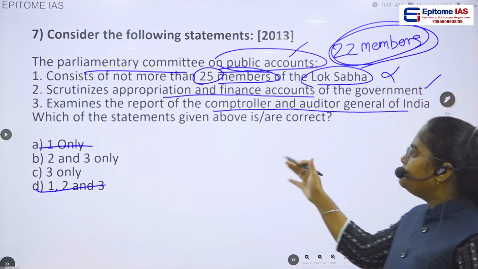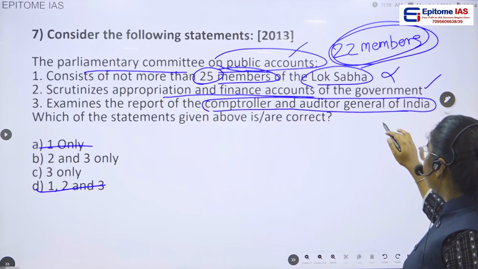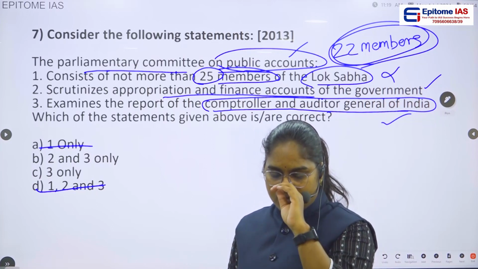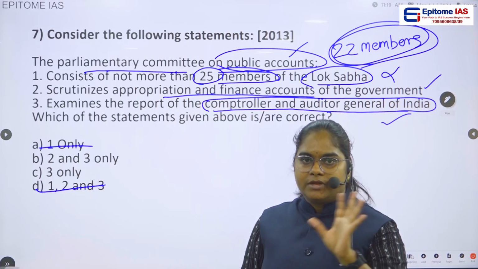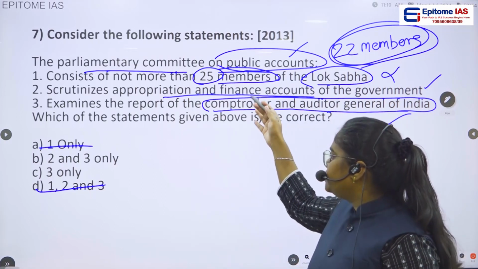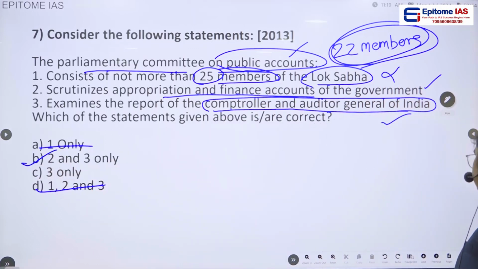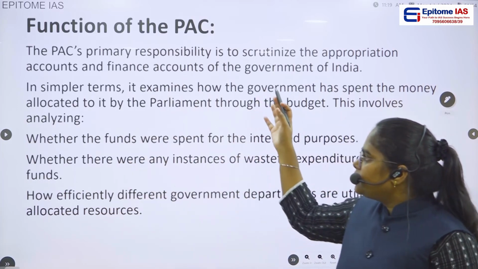Then it examines the report of the Controller and Auditor General of India. Yes, this is also one of the functions of this committee. So these two are there. So option B, 2 and 3, is the correct answer. So these are the functions of the Public Accounts Committee.